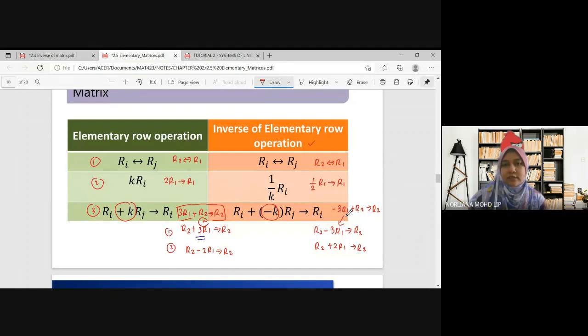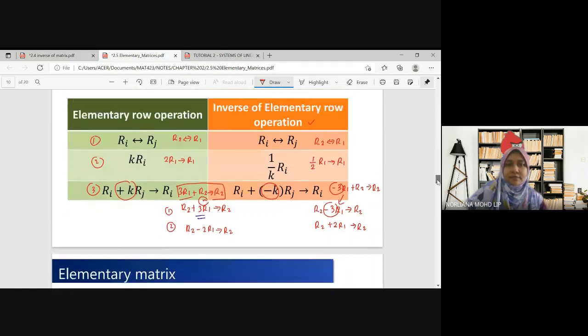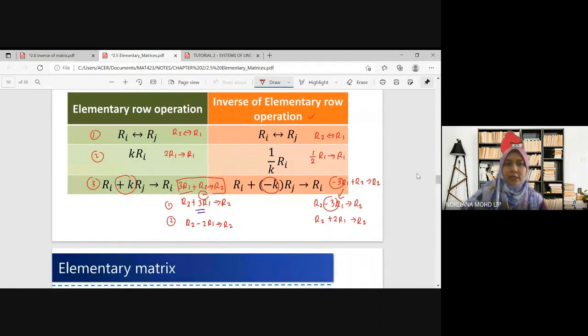Sama lah dengan ni. Negatif kat sini. Okay, boleh tak yang ni? Boleh. So yang ada perubahan kat sini dua operation ni lah. Operation number 2 and number 3. Kita change ada perubahan.